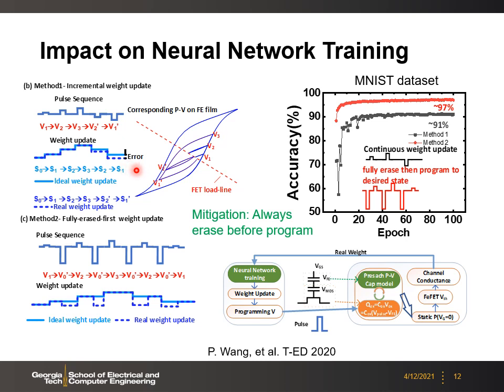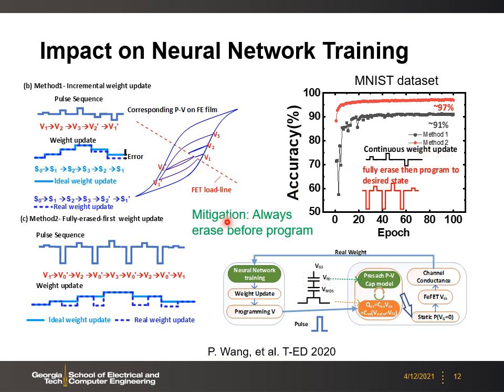To quantify this effect, we built a compact model incorporated into the neural network training flow, as shown here. And then we use the MNIST dataset as a recognition task to test the training accuracy. And we see that only 91% accuracy can be achieved if we consider the history effects in the weight updates.